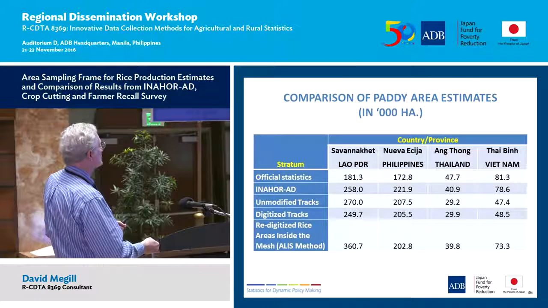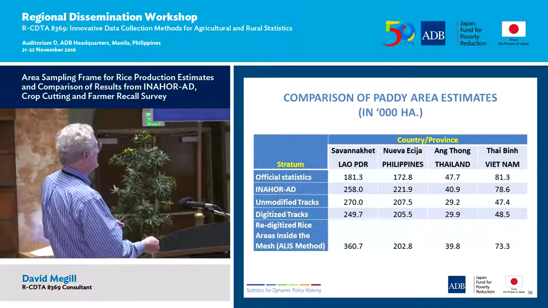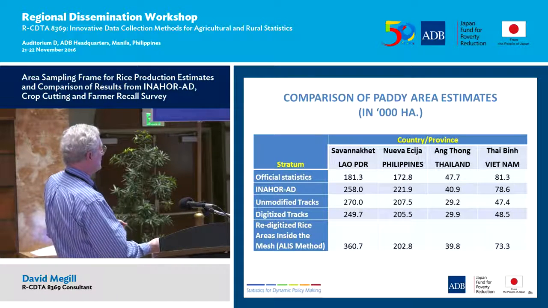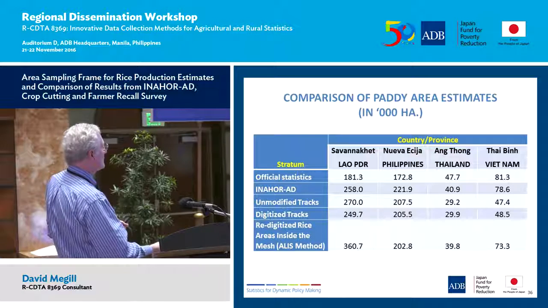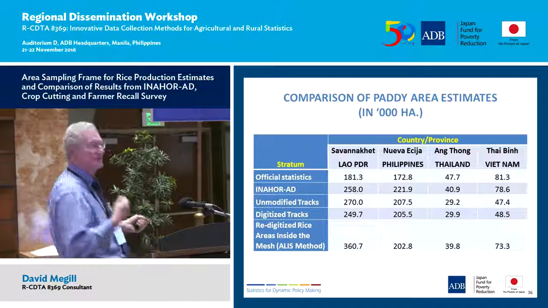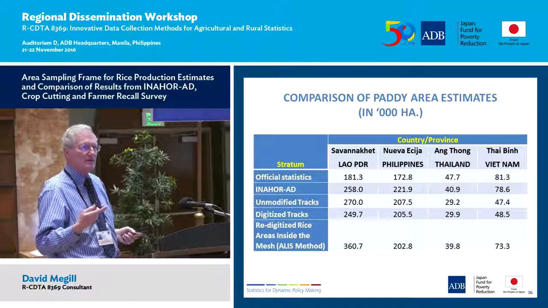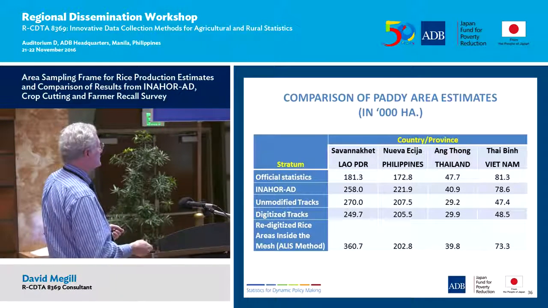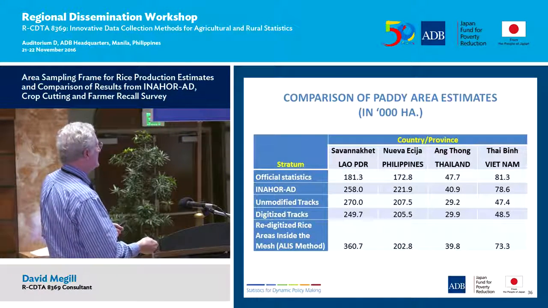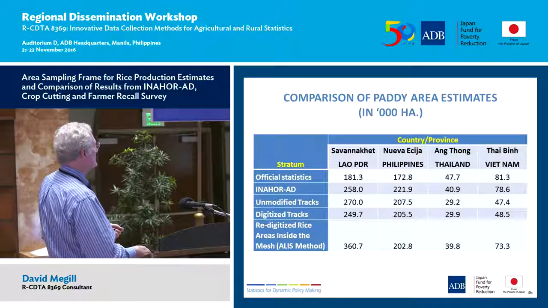But it's interesting, when we look at the Inahor AD Restic estimate, okay, we find some differences, more differences here and here, and we can study the reasons for these differences. You find more consistency in the case of Laos and the Philippines in this case.